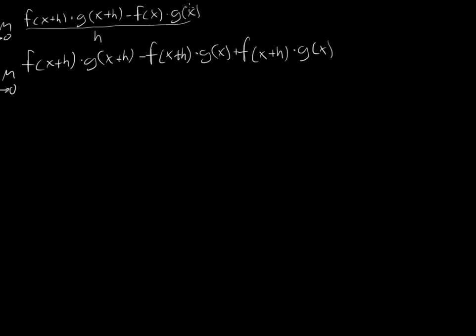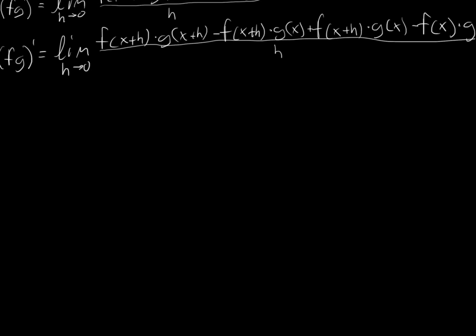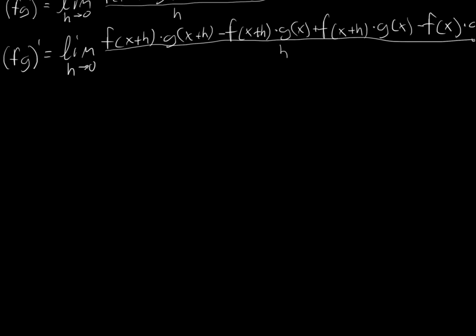And now minus this part right here, minus f of x times g of x, and this whole thing over h. Okay, so I'm not really doing anything naughty right here. I'm just adding a 0, and that's perfectly fine. Adding a 0 to an equation is perfectly fine.